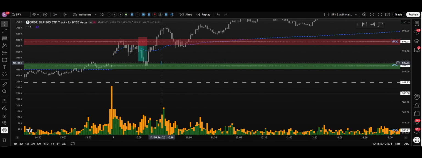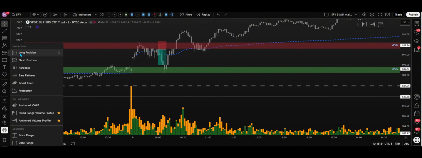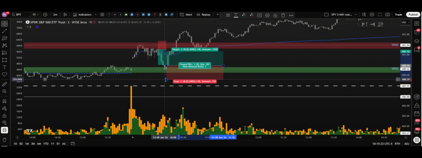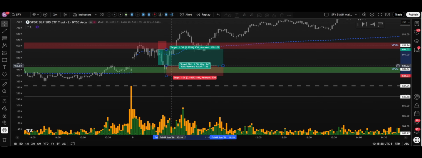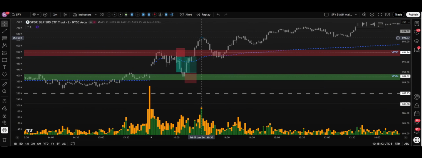We get this really nice hammer candle right here, and you can take a long off of this point of control, setting your stop below, targeting below that zone, and then we actually get a break through it. Price comes back to test this zone, holds, moves up.